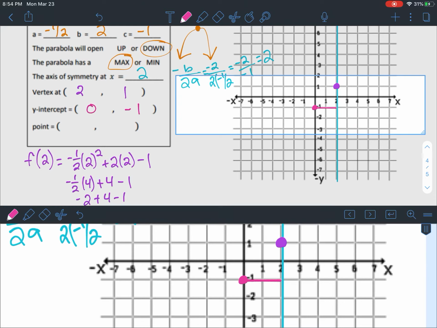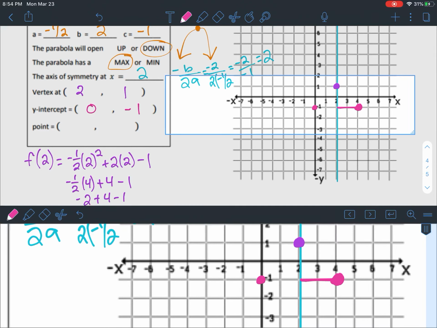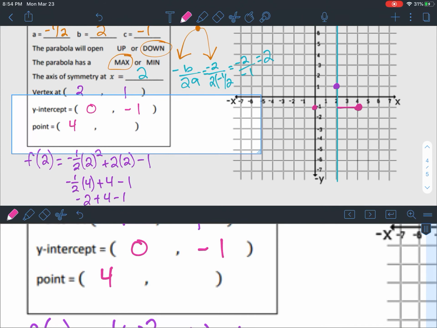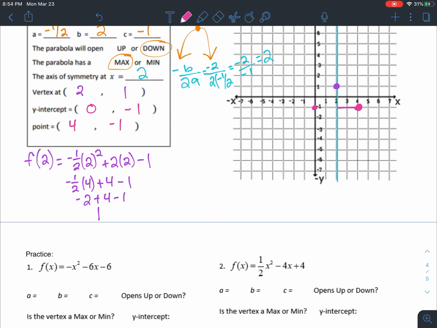And again, since this is symmetrical, if I have a point here, that's 2 spaces away from that axis of symmetry, I'm going to go 2 spaces in the opposite direction and put another point. So that second point is at 4, -1. So that's what I'm going to put here, 4, -1. And then I can go ahead and graph that parabola.